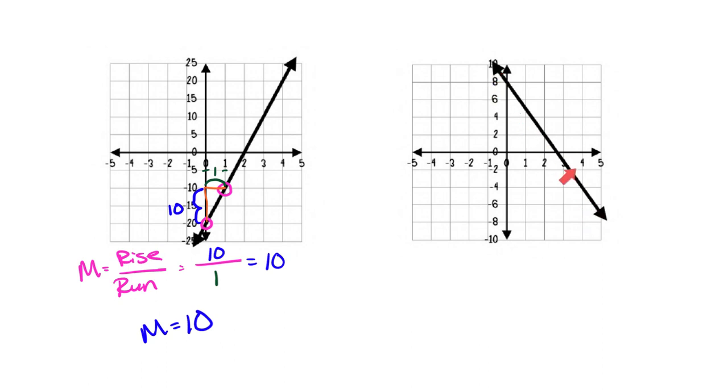Now looking at this line, it's going down. It's higher on the left and then it goes down. So I know right away I'm going to have a negative slope. So this was a positive slope, and this is going to be a negative slope.